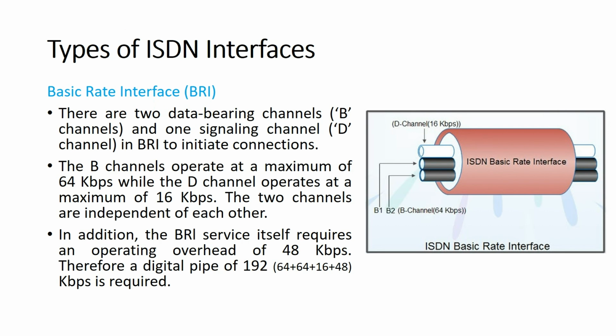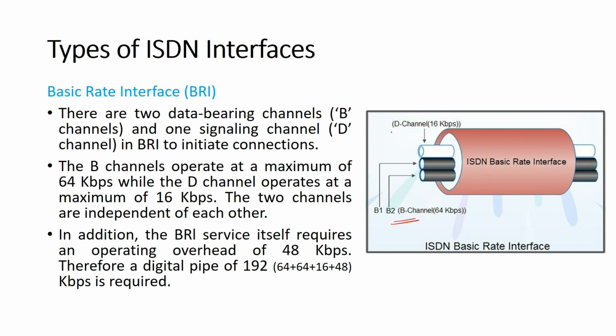There are two types of ISDN services: basic rate interface and primary rate interface. Basic rate interface, or BRI, has two different kinds of channels. One is called B channels or bearer channels. The other is called D channel, or signaling channel.